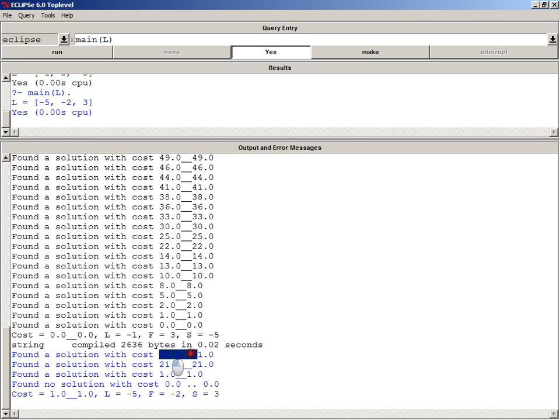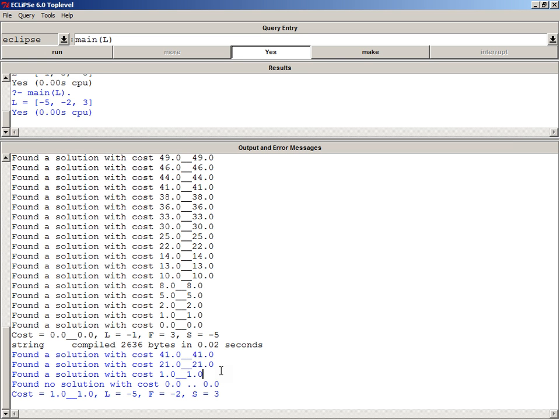So it will say, found a solution cost 41, found a solution cost 21, found a solution cost 1, and found no solution with cost 0. We're operating on integers, because the values can only be integers, everything is integers.